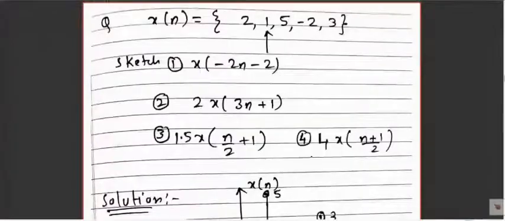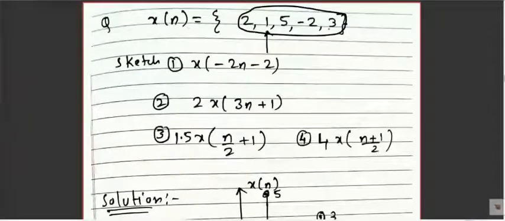Next question: x of n is given as 2 1 5 minus 2 3. Tell me first, what is this 2 1 5 minus 2 3?